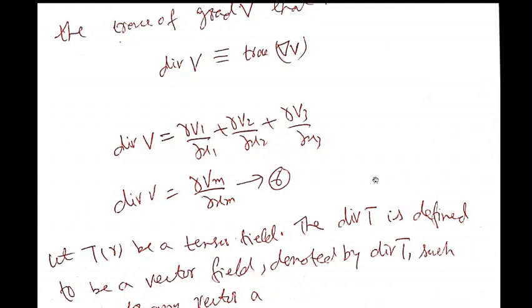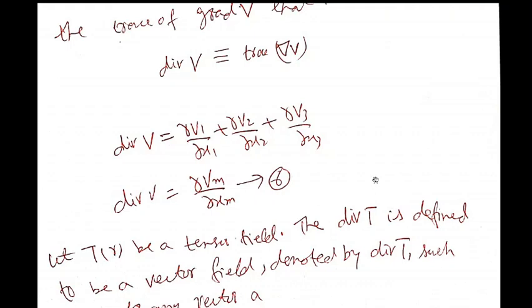As we have said, phi is a scalar, the gradient of phi is a vector, and if V is a vector, the gradient of V is a second order tensor. Now here V is a vector, the divergence of V is a scalar, one step down. Order is reducing. Previously order was increasing.